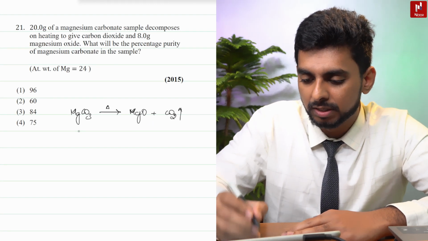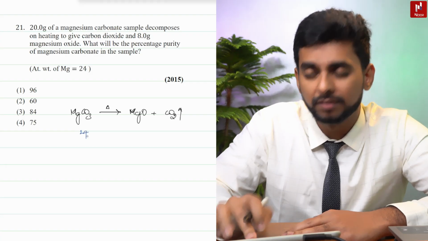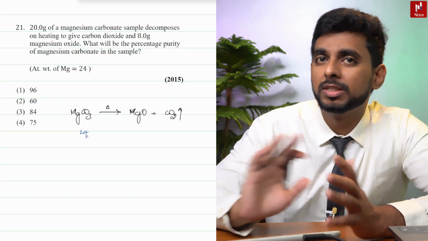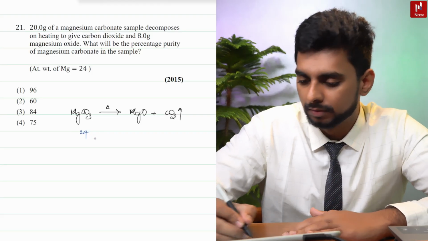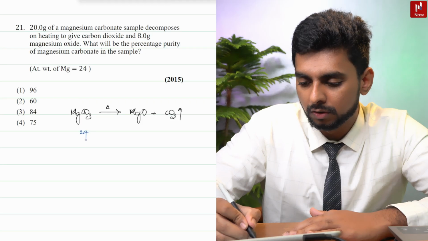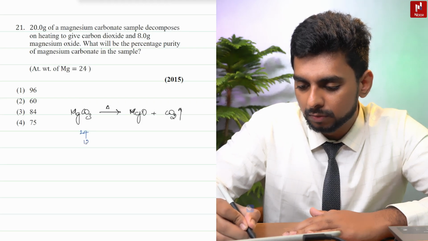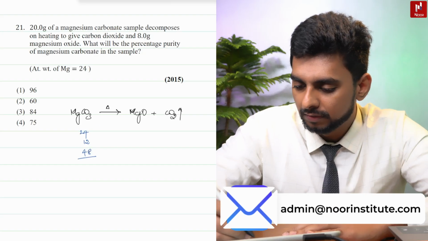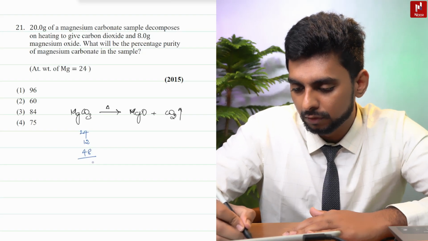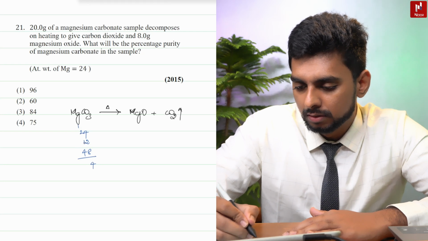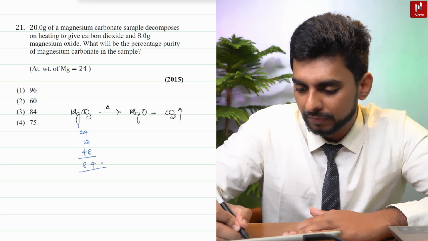So to get the molar mass of magnesium carbonate, you have 24. The atomic number of magnesium is 12, double the amount will be 24. Then you've got carbon, so for the carbon let me substitute 12, and for the O3 you have got 48. If I add this, you'll have 84 gram.